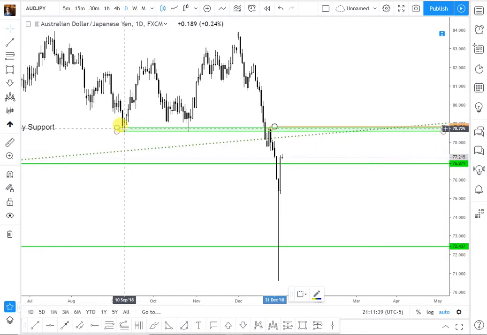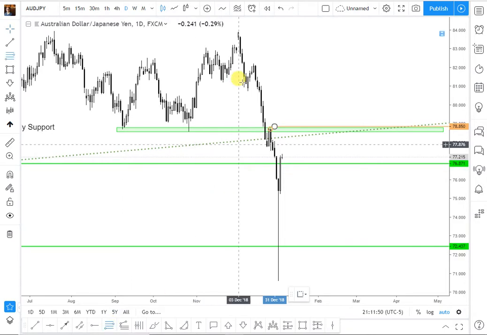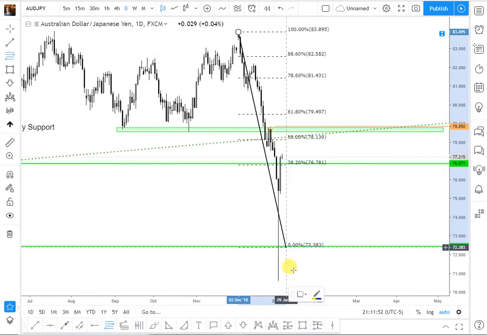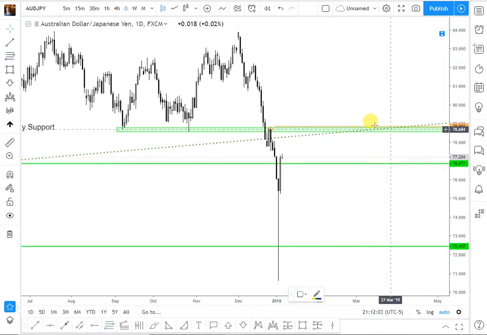We have support at this point, another first touch, second touch, and the support becomes a resistance here. This resistance meets a 61.8 Fibonacci level at around the 79 level. So at this zone we are looking to short this pair.